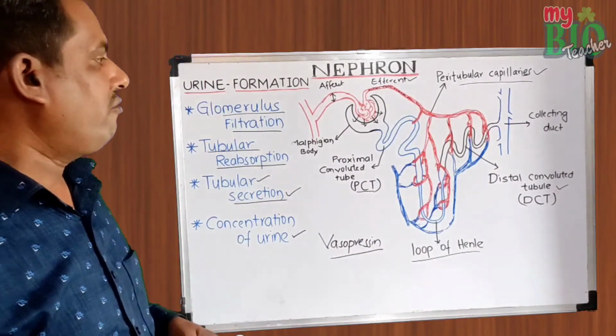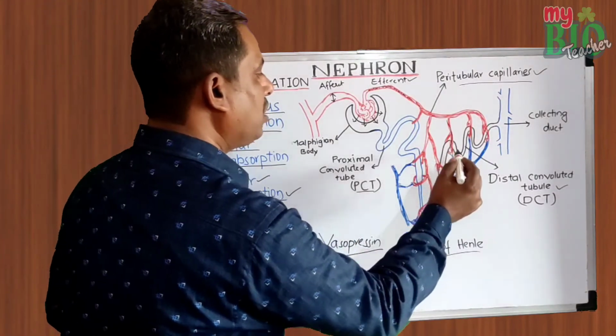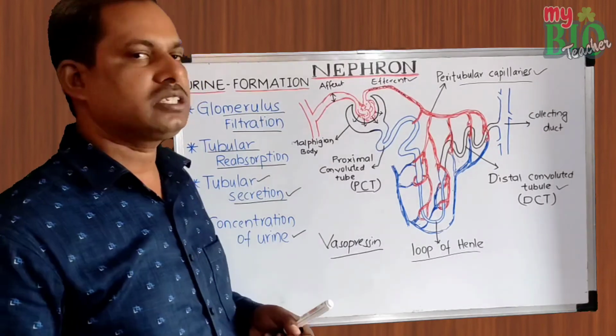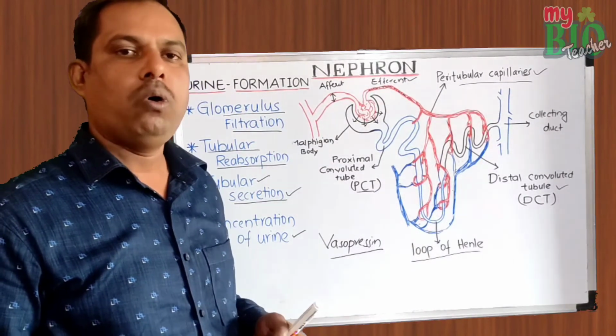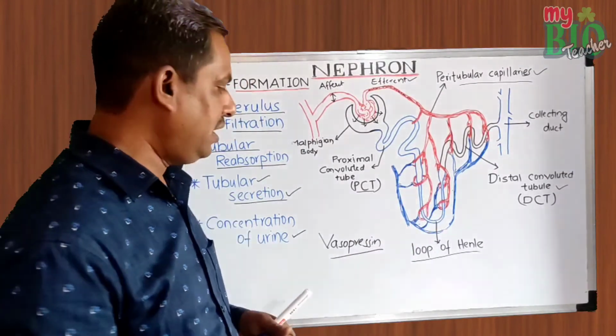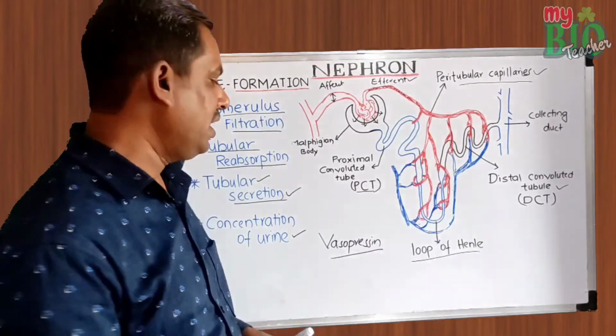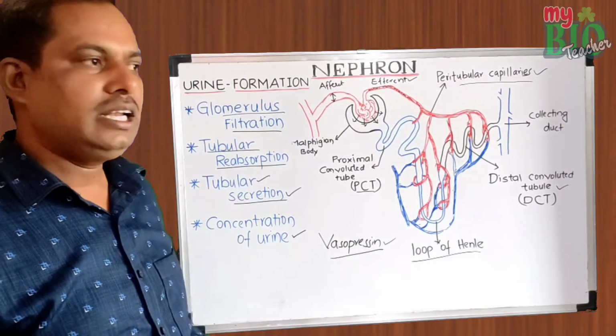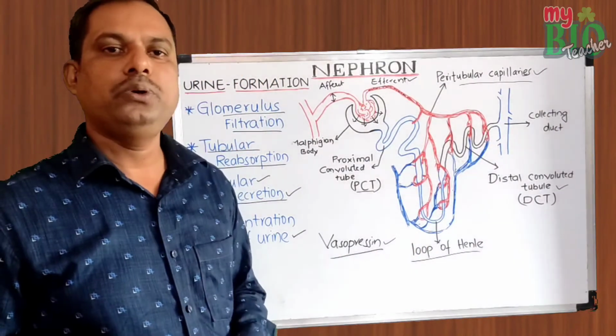When the urine enters the distal convoluted tubule, the important materials are completely reabsorbed. Only the waste materials are present here, and still more reabsorption occurs. Deficiency of vasopressin hormone leads to dilute urine.